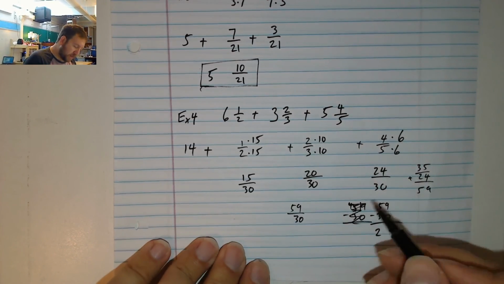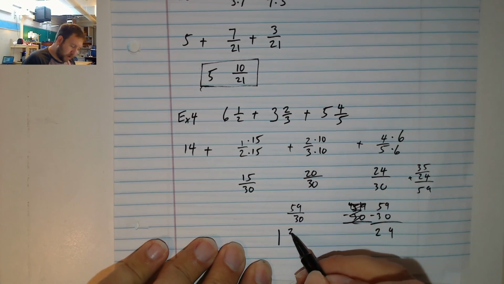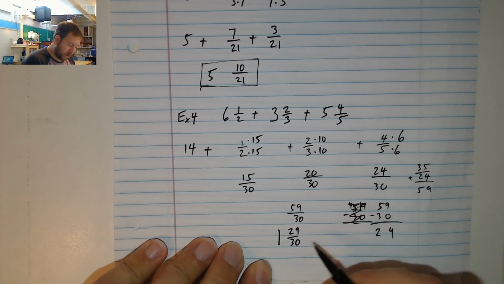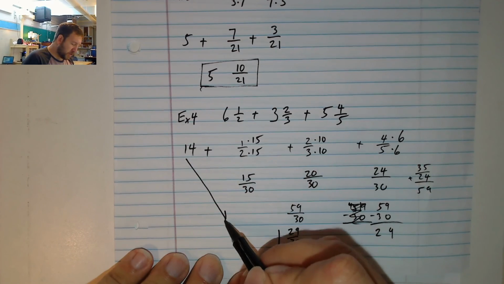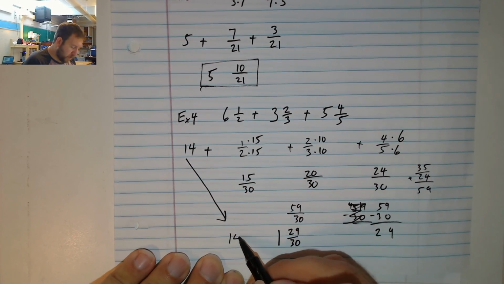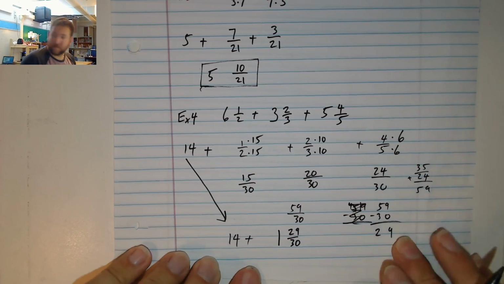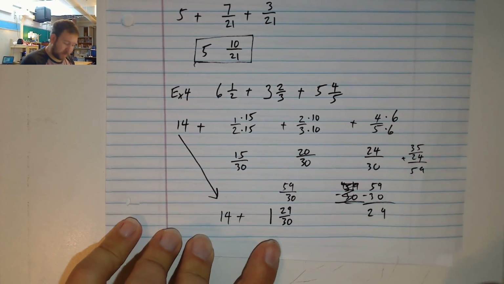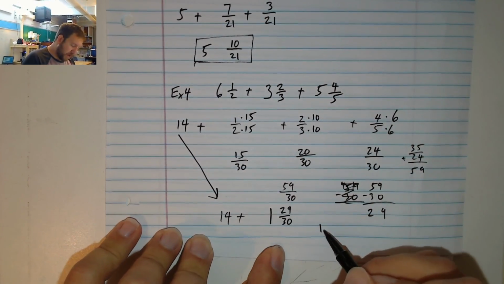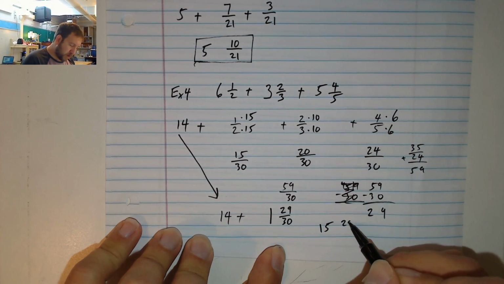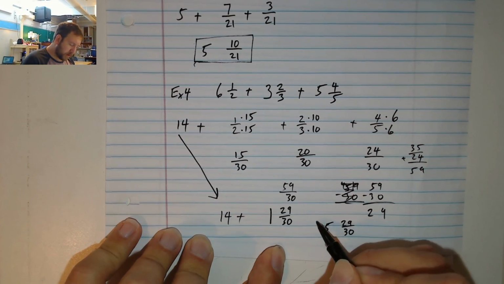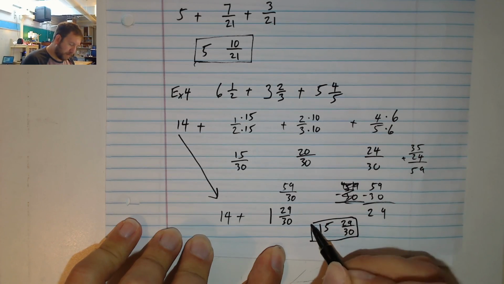So I can write this again as 1 and 29/30. But I can't forget my little 14 that I put earlier. So I have 14 plus 1 and 29/30, which gives me my answer. Sorry, I made a big mess of this problem. It is 15 and 29/30. And that's kind of how I would figure this one out.